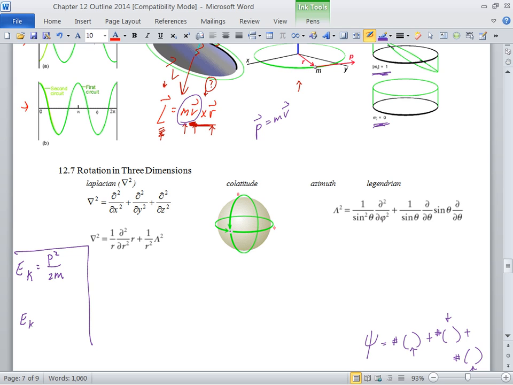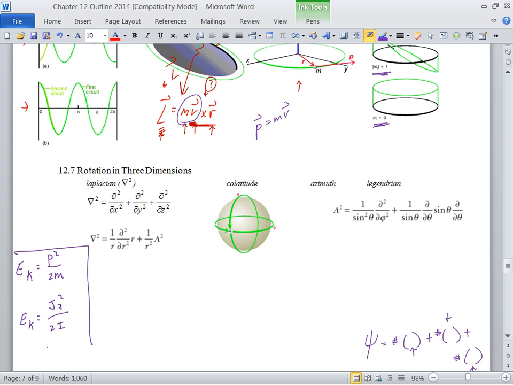So the kinetic energy is going to be, we're talking about rotational motion, so now we need angular momentum squared. Angular momentum squared divided by 2I, where I is the moment of inertia.